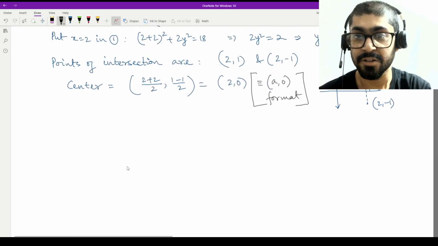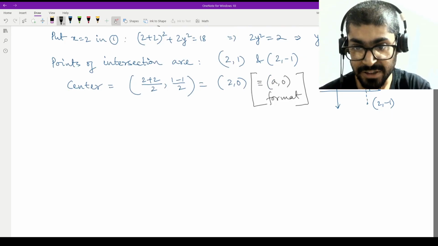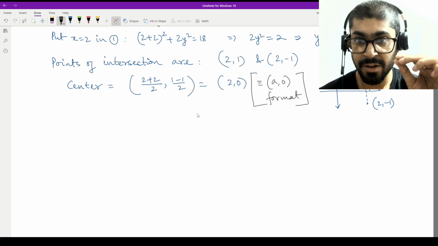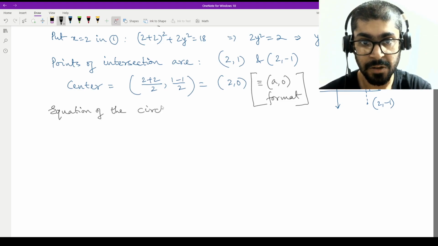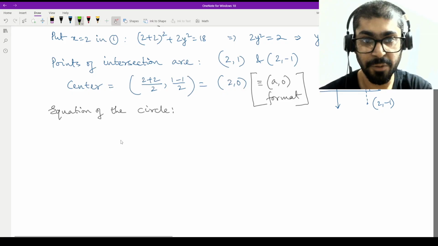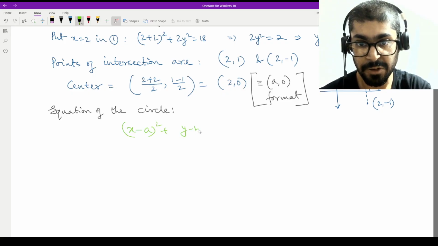Alright, so now what will be the equation of the circle that passes through these points? Since this is of the a comma 0 format, I can write the equation of the circle. This is basically in the format of x minus a whole square plus y minus b whole square equal to r square, right?